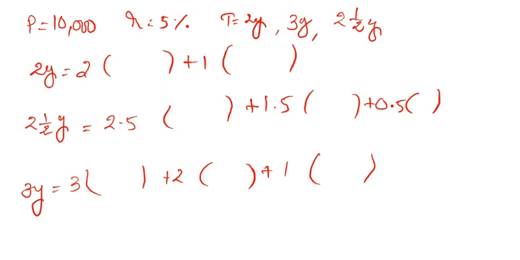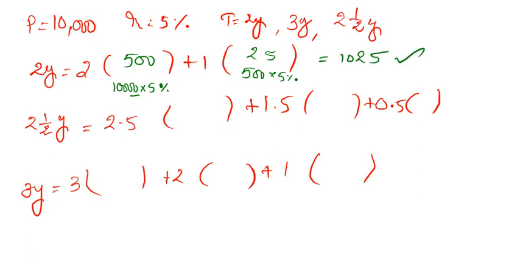Here always the interest is calculated on the principal only. 10,000 of 5% is 500. Then 500 of 5% is 25. Now how much? This is 1025, your compound interest for 2 years. Then similarly, the same thing: here 500 and here 25.